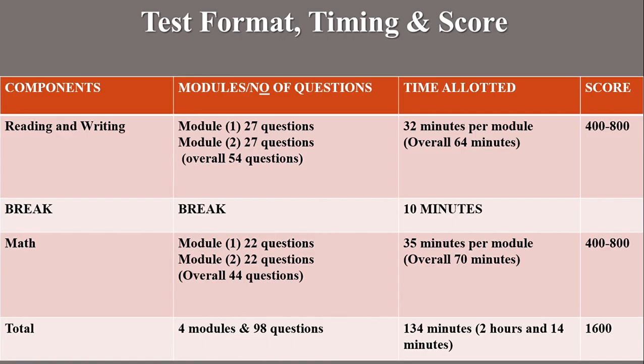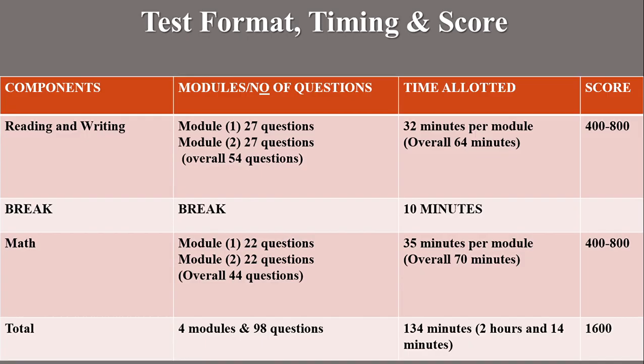In the first module, you're going to answer 27 questions within 32 minutes. In the second module, you also have 27 questions and you're given the same amount of time, 32 minutes. After the reading and writing part, you will get a short break, 10 minutes. Then you will answer questions on the math section.